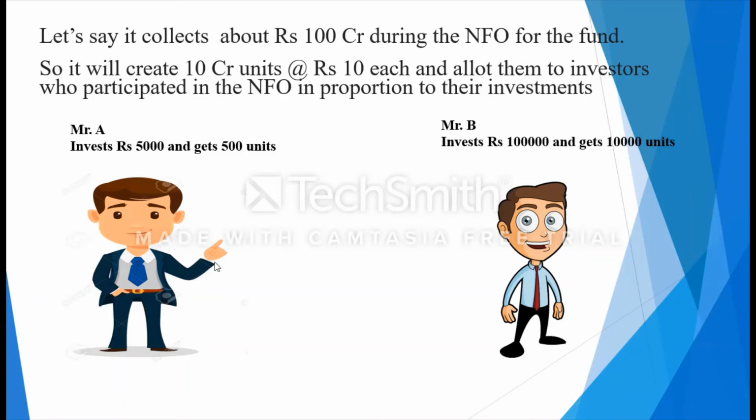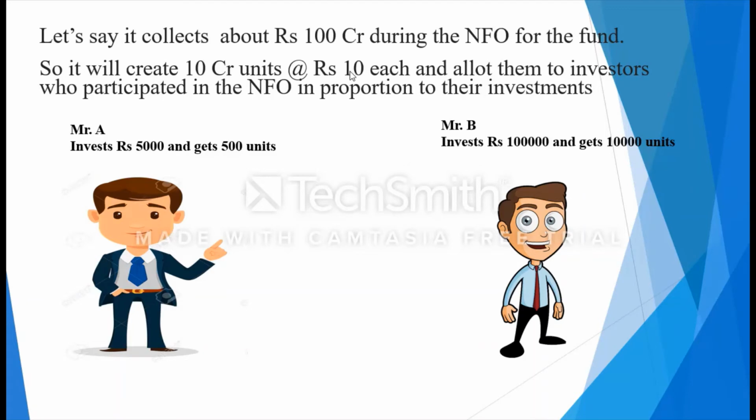In this manner, many investors invest their money and buy units, and they're allotted units initially in the NFO at a price of rupees 10. So that's the starting NAV. Let's assume that the fund we are talking about is able to garner 100 crore. If they're able to garner 100 crore through the NFO, they must have sold 10 crore units at rupees 10.